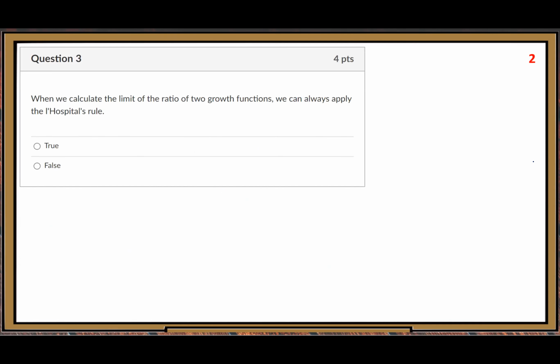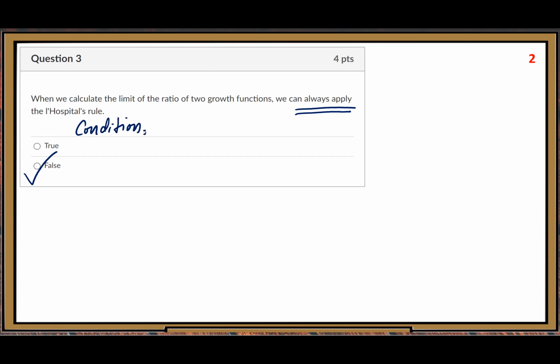Number 3, L'Hopital's rule. The question asks whether we can always apply it, and the answer is false, because there is an important condition you need to check before you apply L'Hopital's rule.